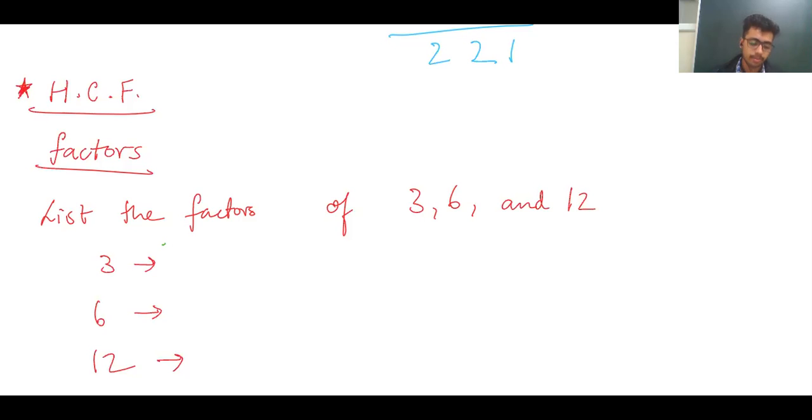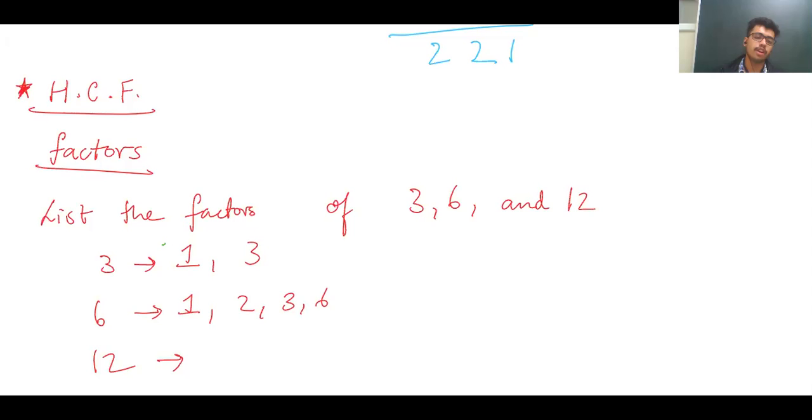What are the factors of 3? One and 3. Yes, 1 and 3. What about the factors of 6? 1, 2, 3, 6.